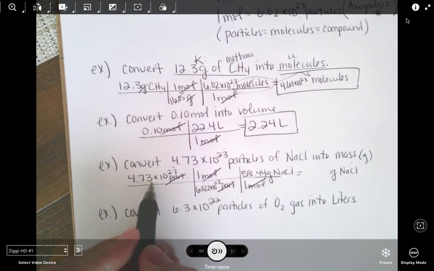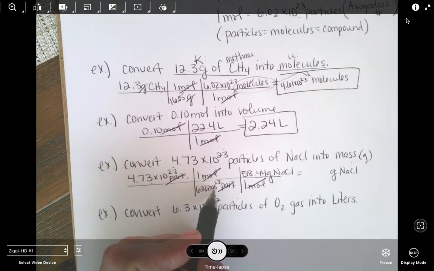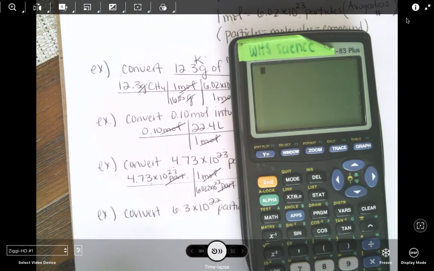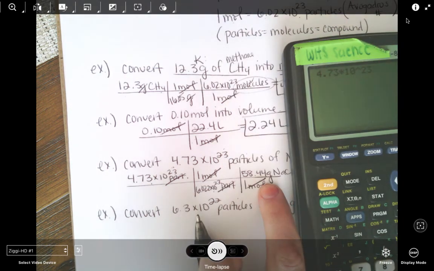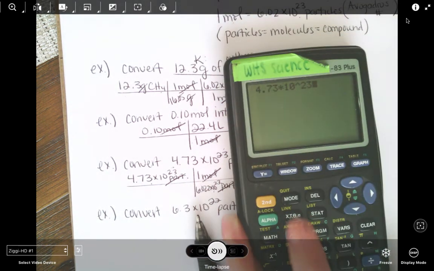So I have a scientific notation value in the numerator and one in the denominator. So what I'm going to do is take my first number, 4.73 times 10 to the power of 23rd, multiply it by whatever my other numerator is, times 58.44, press equals, then divide by my denominator.